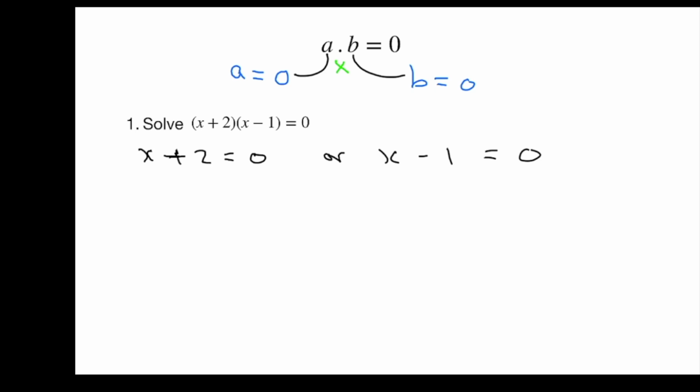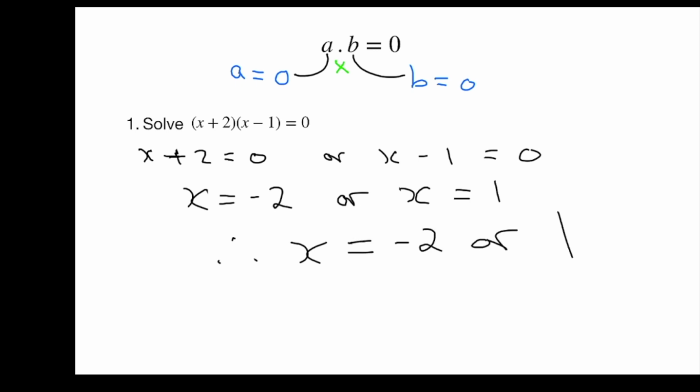Then these are two simple equations that we solve. Collecting like terms, that means we move the plus 2 to the other side, so you will get x is equal to negative 2 for this one. Then for that one, if you move the negative 1 to the other side, you will get x is equal to 1. Therefore, for this question, x is negative 2 or 1.